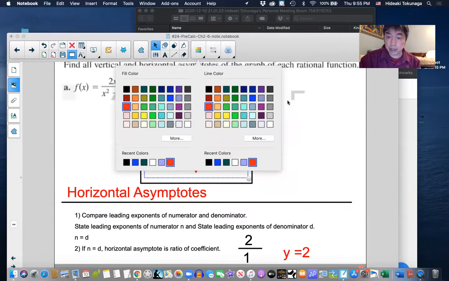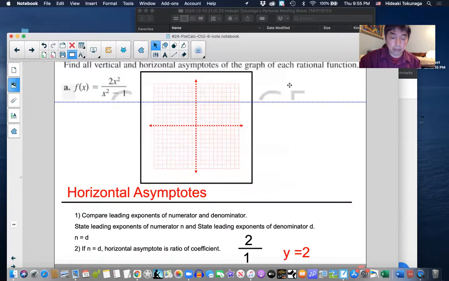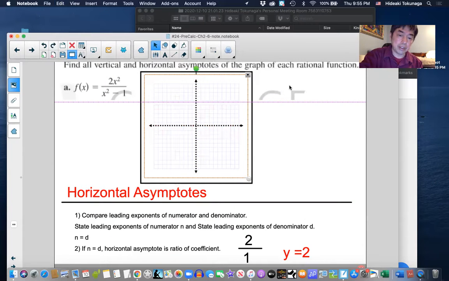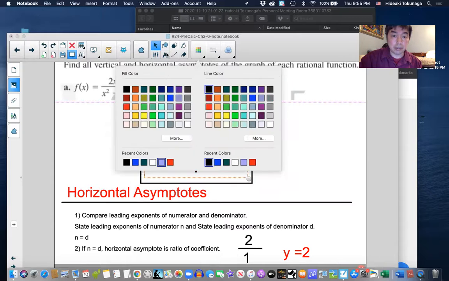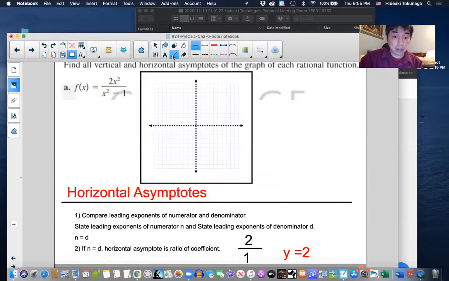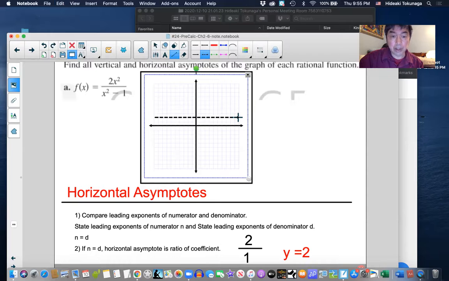I don't know which red is which. Okay, let's go to this one. I'm sorry, y equals 2. So the line is here.